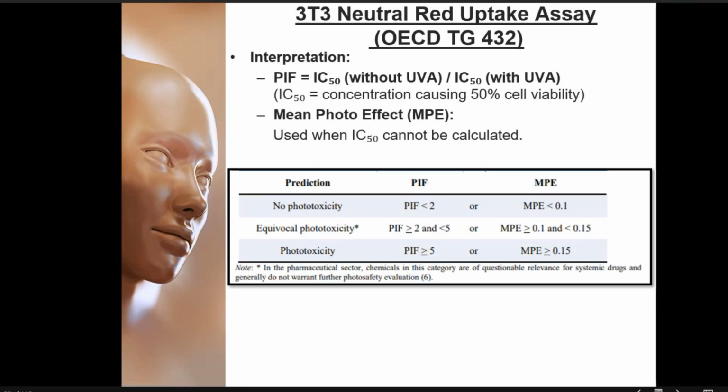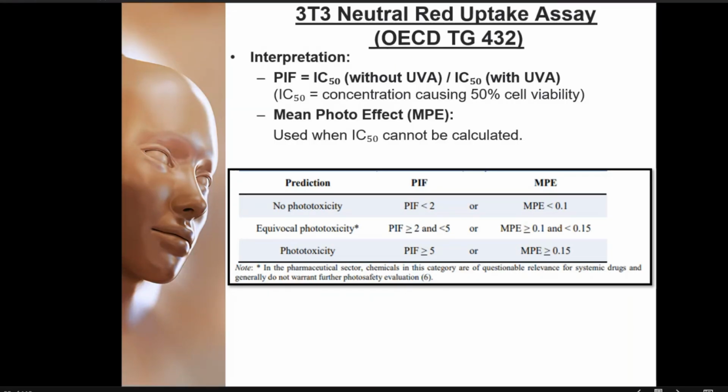This is the interpretation of this test. In this, you can see the PIF. The PIF equals the IC50 without ultraviolet A divided by the IC50 with ultraviolet A. We know the IC50 is the concentration causing 50% cell viability.